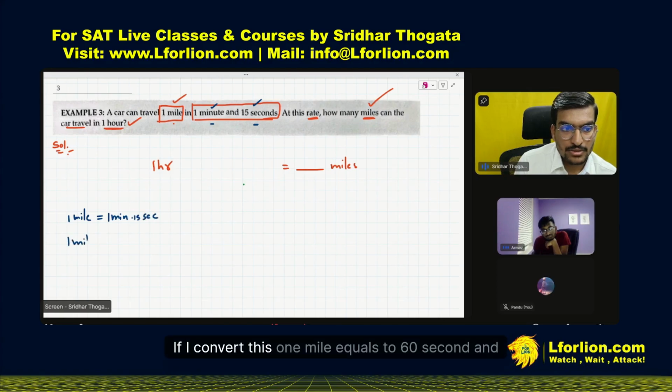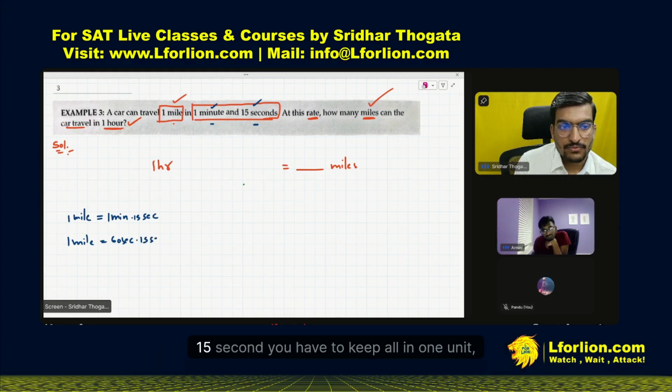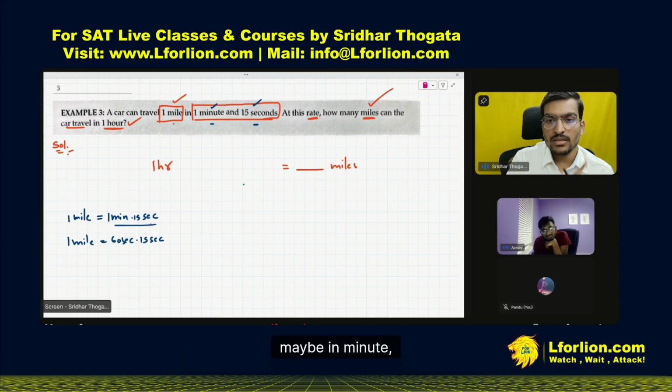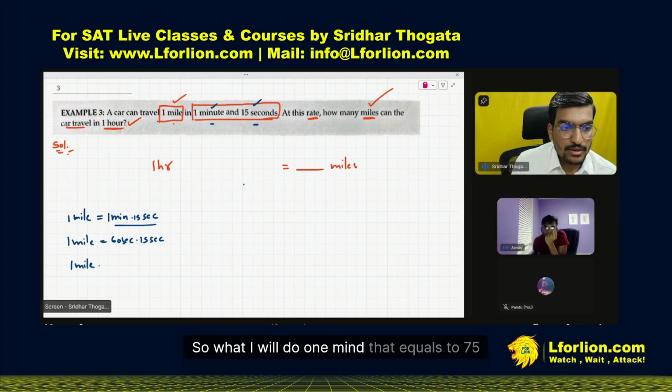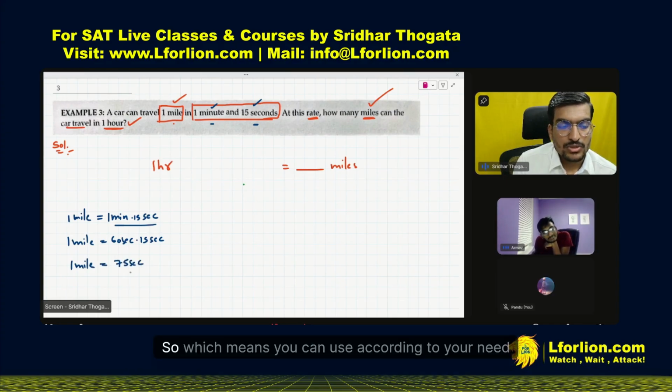If I convert this, 1 mile equals 60 seconds and 15 seconds. You have to keep everything in one unit, maybe minutes, maybe seconds. So 1 mile equals 75 seconds. Which means you can use this according to your need.